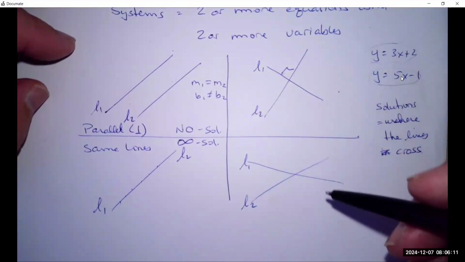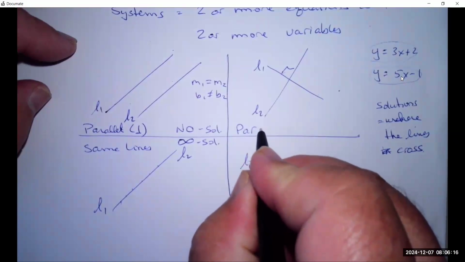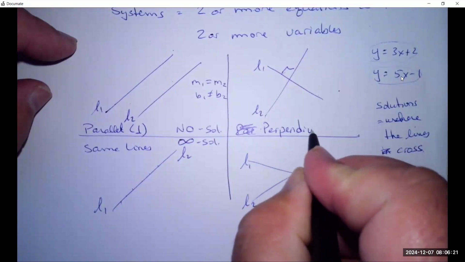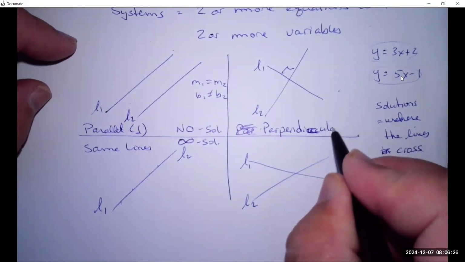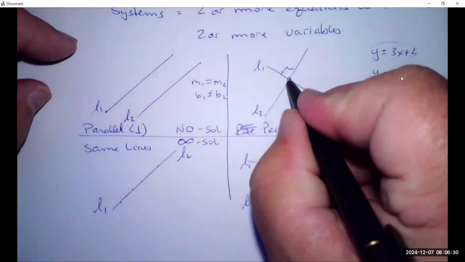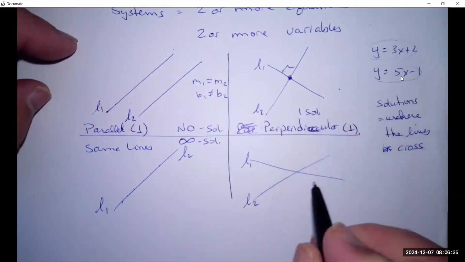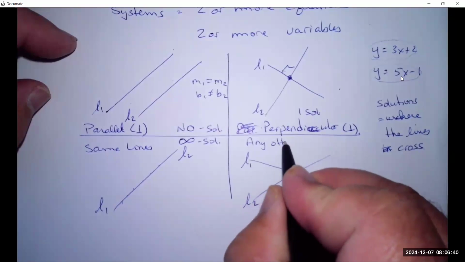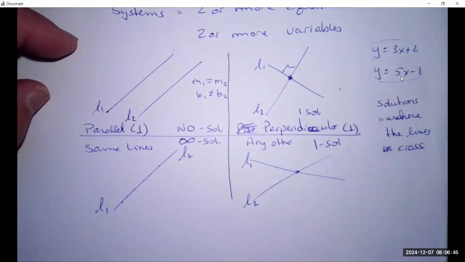On this right-hand side, we have what are called, not parallel, I mean perpendicular lines. And that symbol looks like this. And it only has one solution, where they intersect.